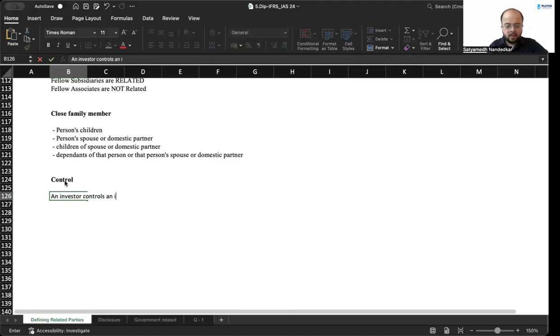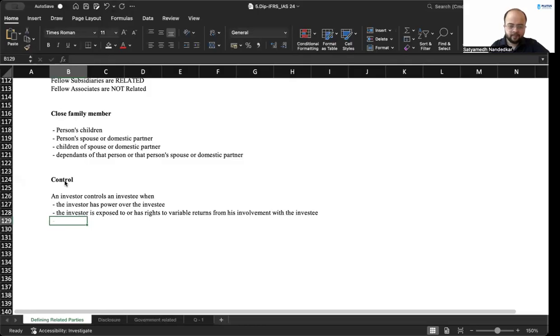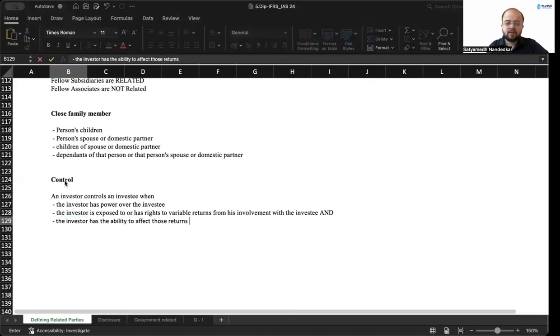An investor controls an investee when the investor has power over the investee, the investor is exposed to or has rights to variable returns from his involvement with the investee, and the investor has the ability to affect those returns through his power over the investee.